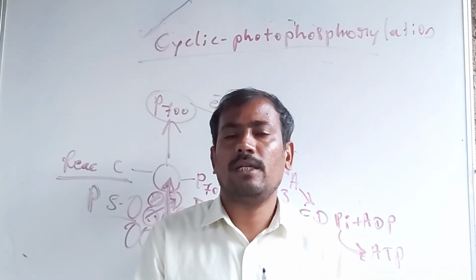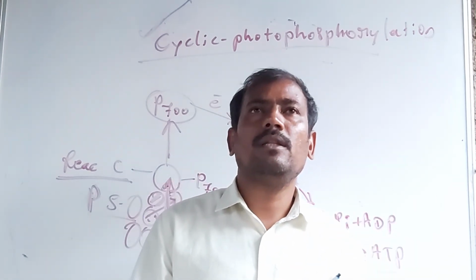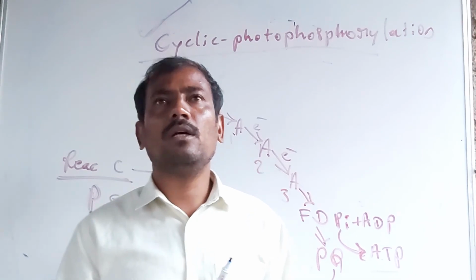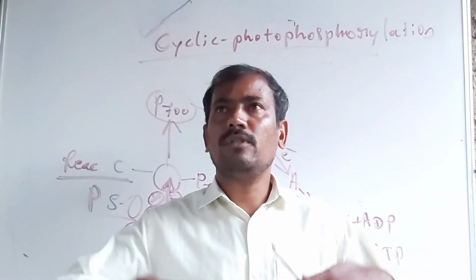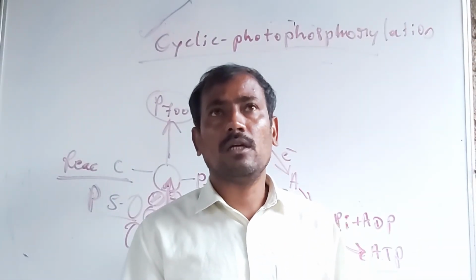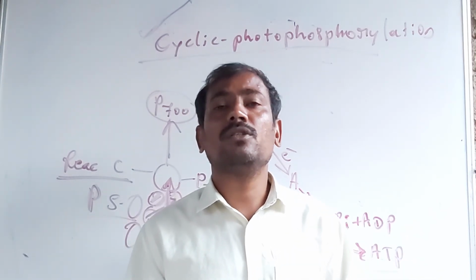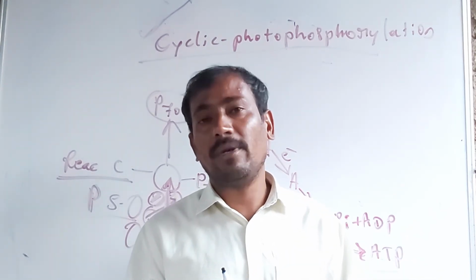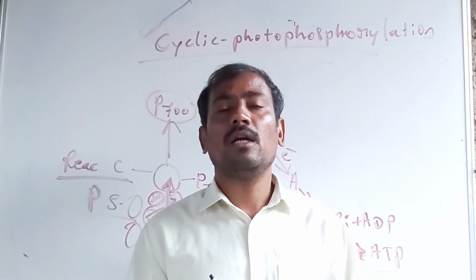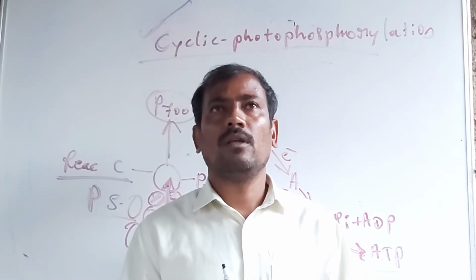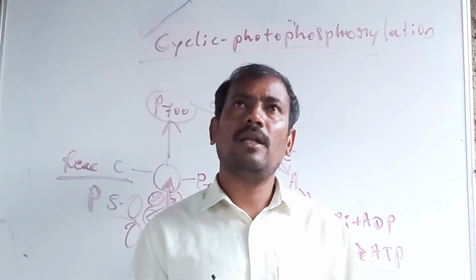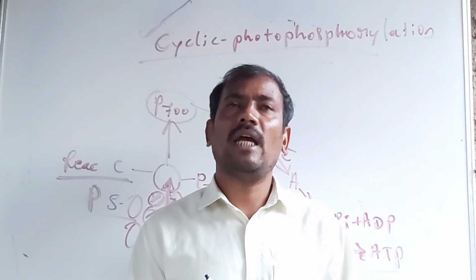This is about the light reactions. Whatever number of ATP and NADPH2 molecules are formed during the light reactions of the photosynthesis, all of them are utilized for the conversion of carbon dioxide into carbohydrate. That is for the fixation of carbon dioxide, which is also termed carbon dioxide assimilation.